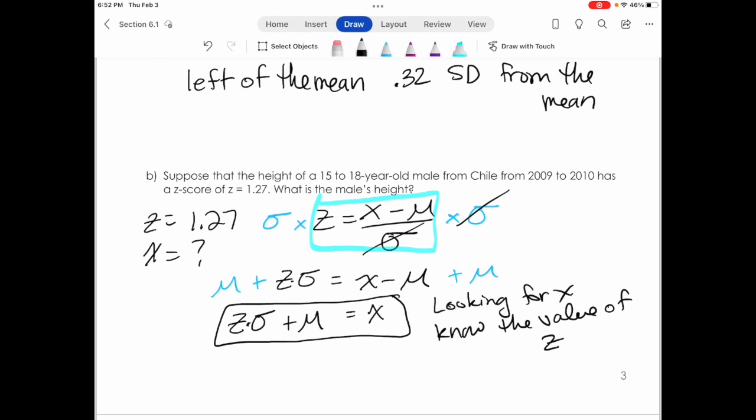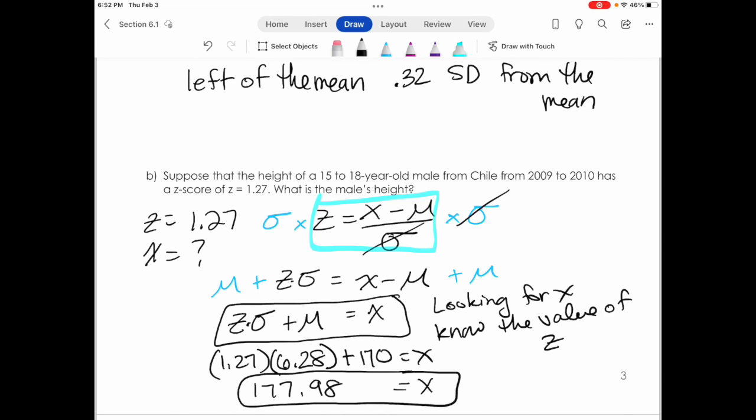Okay, so if I want to find the value of x, I need to take my value of z, which is 1.27, multiply it by my standard deviation, which is 6.28, and then add my value of my mean, which is 170. Okay, now if I put that in on my calculator, I am going to get 177.98.